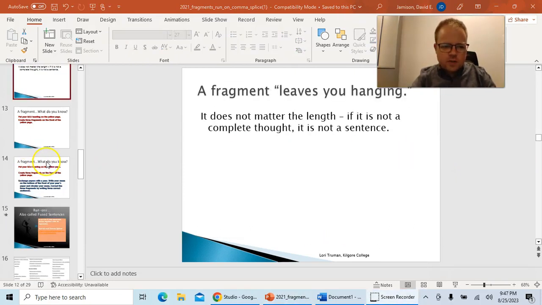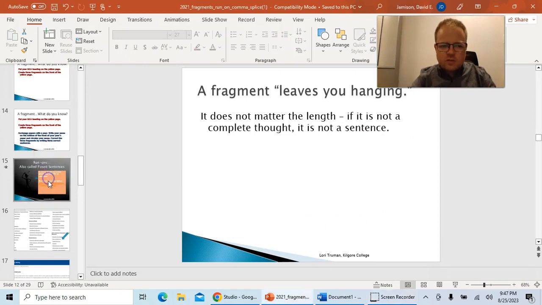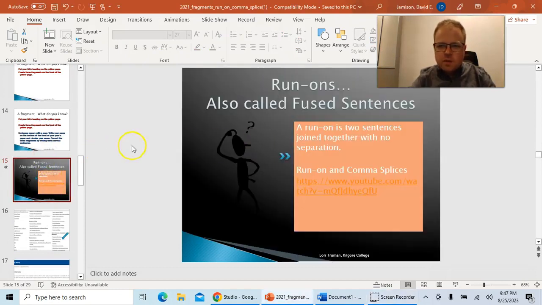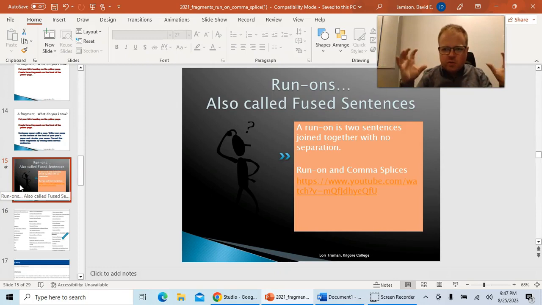Okay, so the next part here that we're going to look at is run-ons and fused sentences. This part's not that complicated, so we won't spend quite as much time on it. A run-on is two sentences that are crammed together into one, as if they are one sentence. I went to the store I bought bread, period.